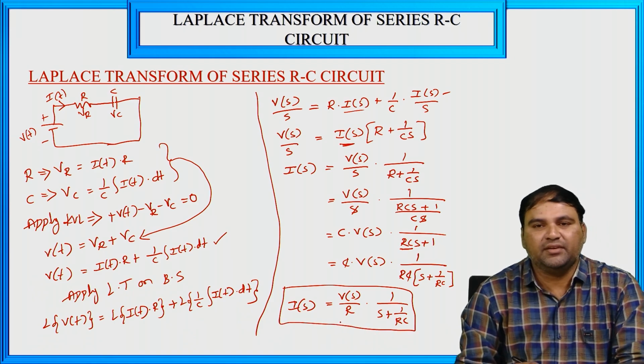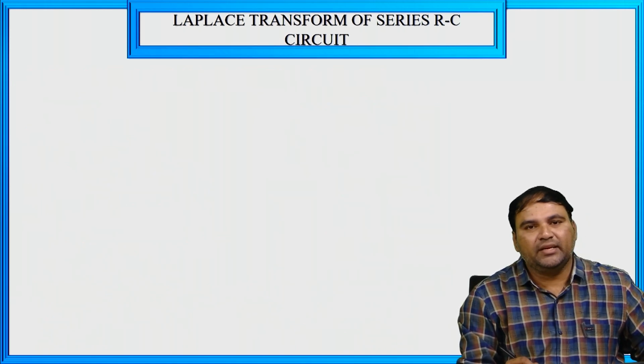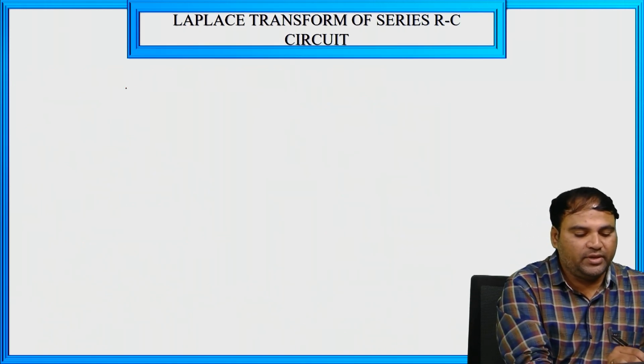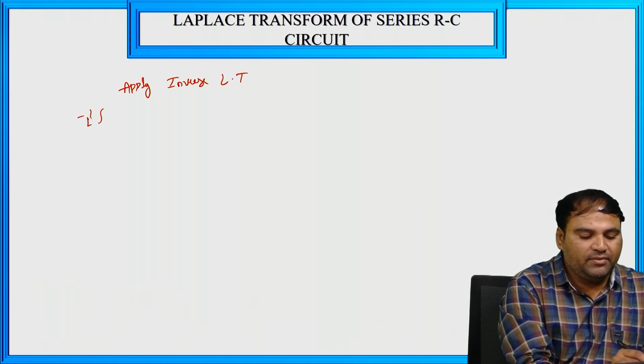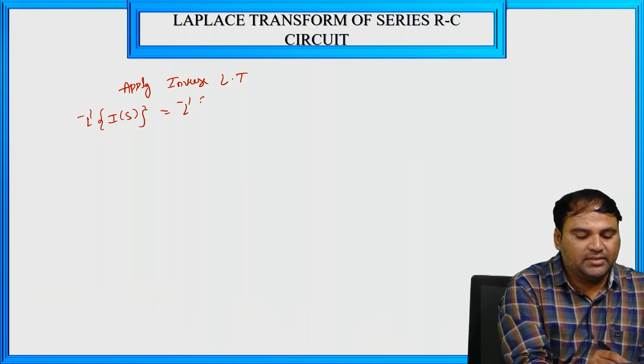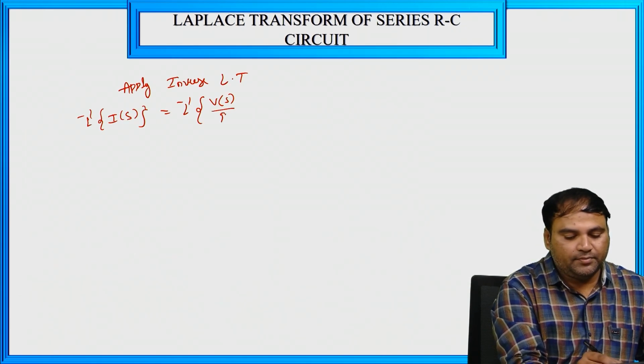Now we have to convert this equation into the time domain. For that we apply the inverse Laplace transform. So the Laplace inverse of I of S equals the Laplace inverse of V of S divided by R into 1 divided by S plus 1 by RC.